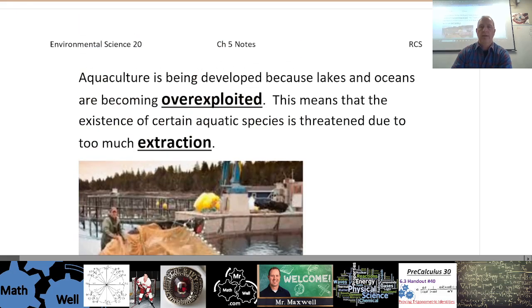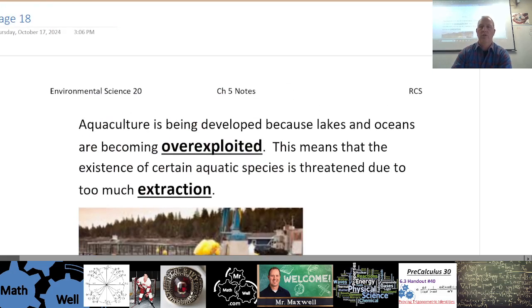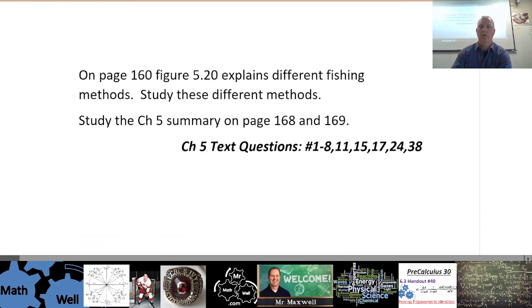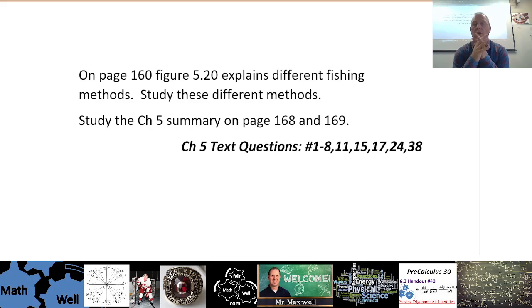Is that your last little bit of notes there in your notes package? Awesome. Okay, so you got through chapter 5 notes. There will be some activities, there'll be some questions. This is the last part, I believe, so you can write down your text questions on there. On page 160, figure 5.20 explains different fishing methods. I'm not going to go over those in the notes today, but different fishing methods you're responsible to study on your own.